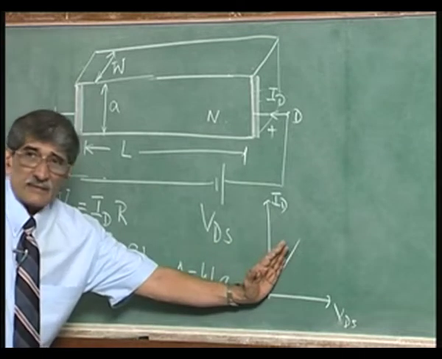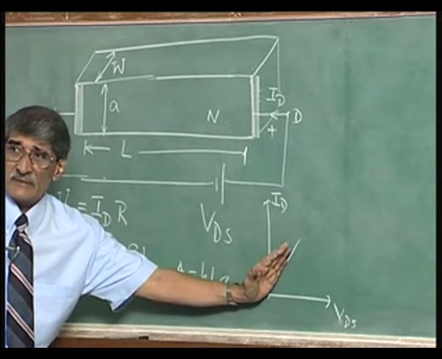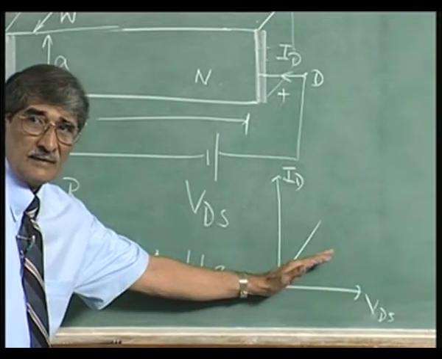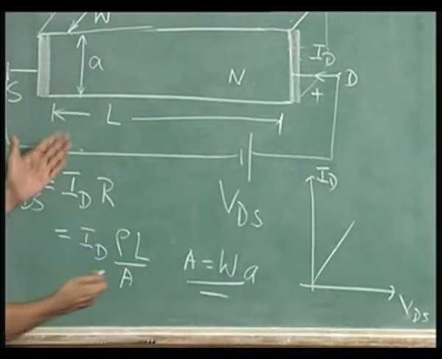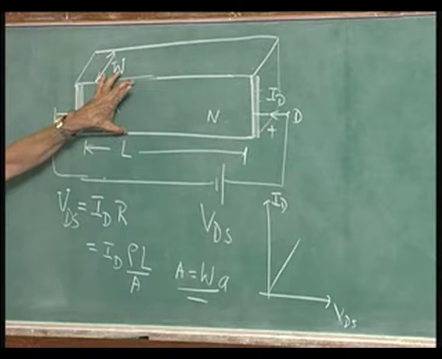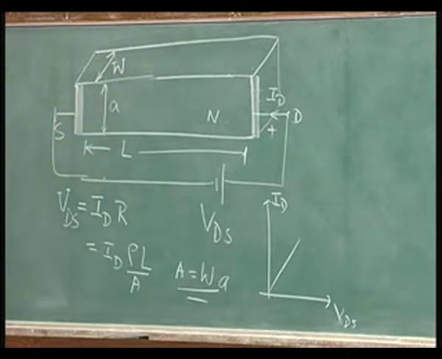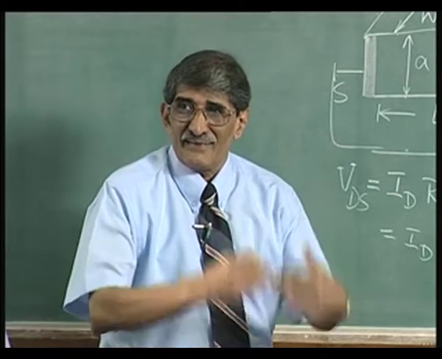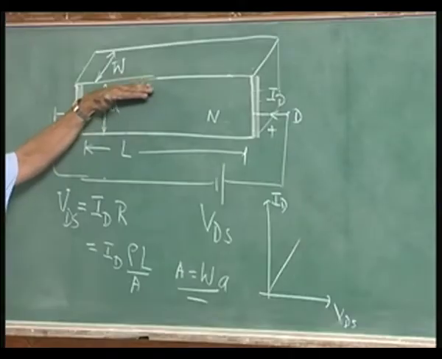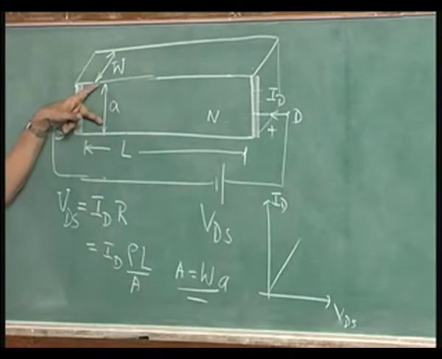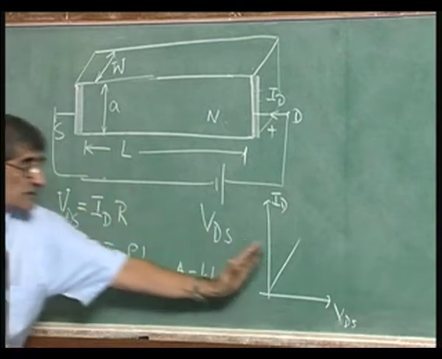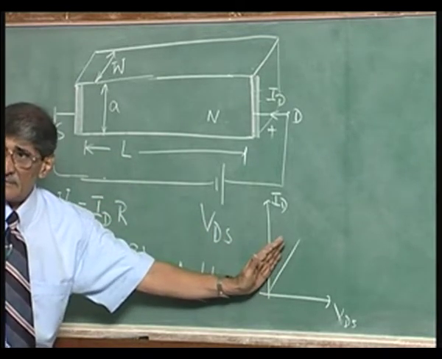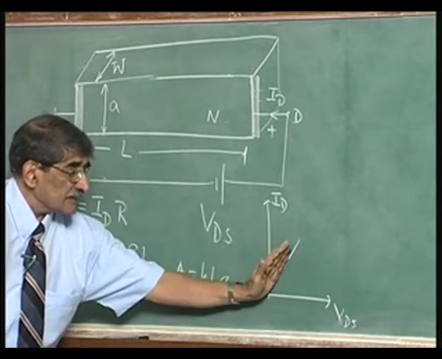I want to change this current. Supposing I want to reduce the current, what should I do? If I can reduce the thickness of this layer, let us say you have a way of electronically etching that layer, remove this layer, the thickness A can be reduced by some height, you will get another slope which is like this.